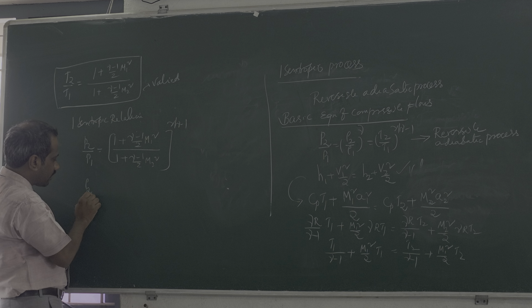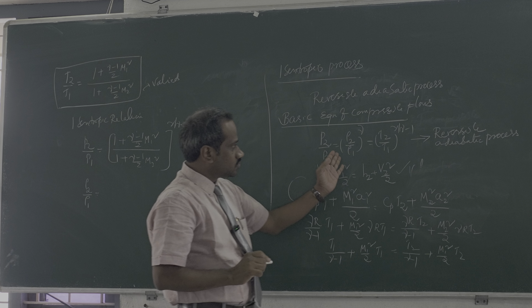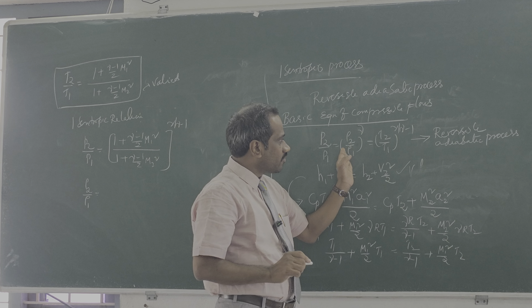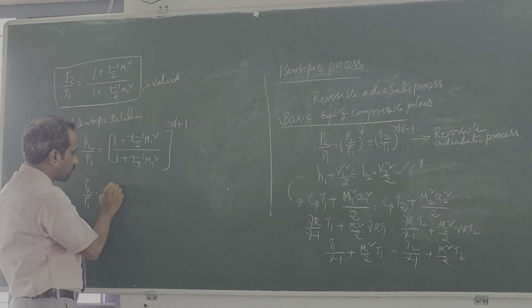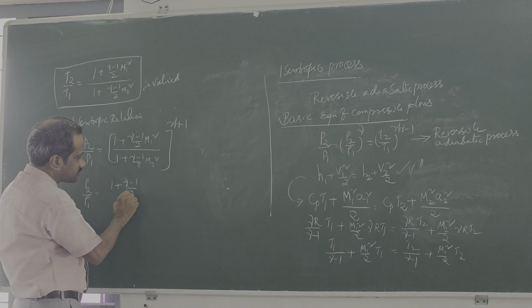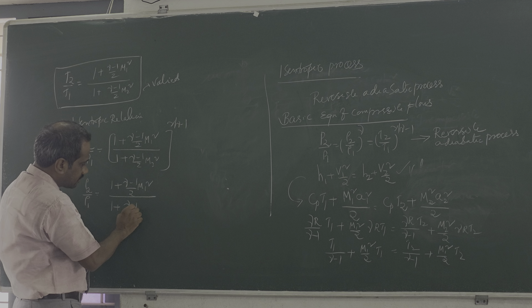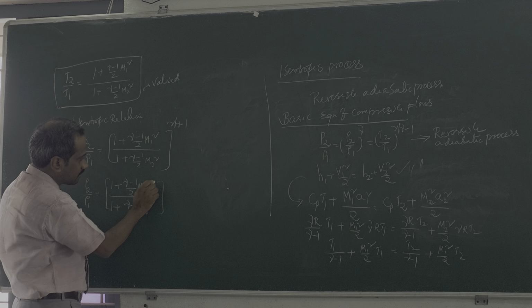What is rho 2 by rho 1? These two. 1 by gamma minus 1. Rho 2 by rho 1 is equal to 1 plus gamma minus 1 by 2 M1 square by 1 plus gamma minus 1 by 2 M2 square power 1 by gamma minus 1.